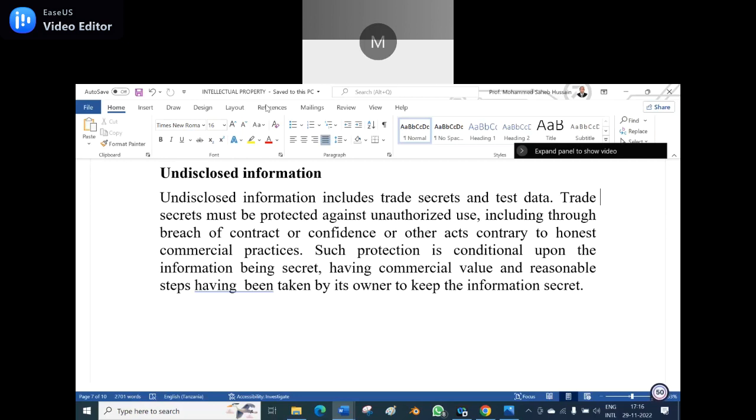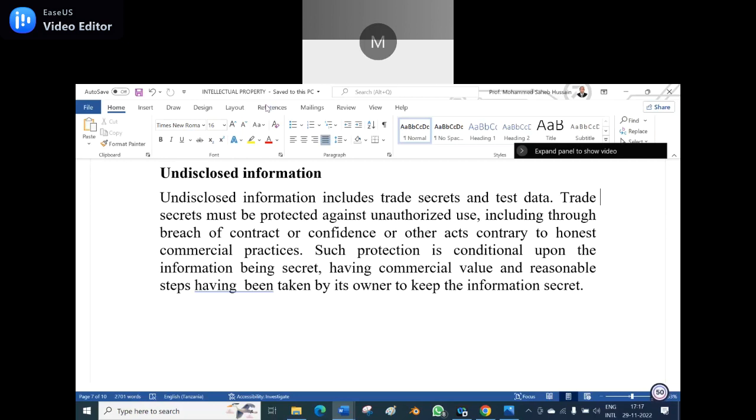Protection includes protection against breach of contract or confidence or other acts contrary to honest commercial practices. If a person is working in a chemical factory producing a color, they don't reveal the combination or equation of the color they produce. Only a few of the company's most trusted people know the combination.